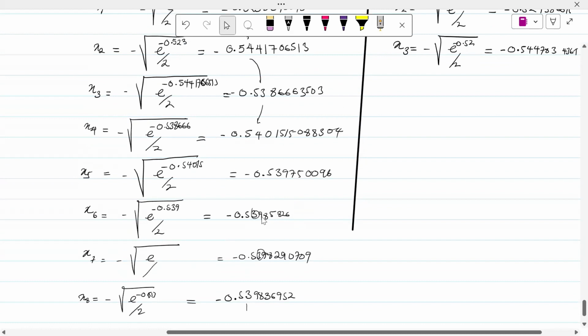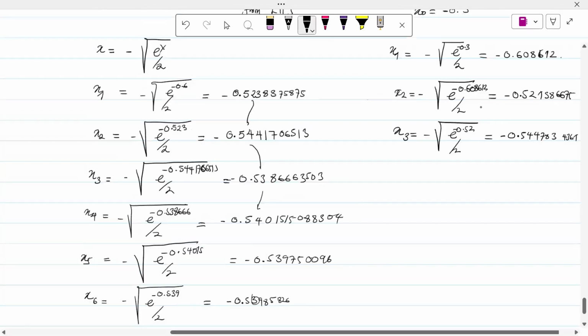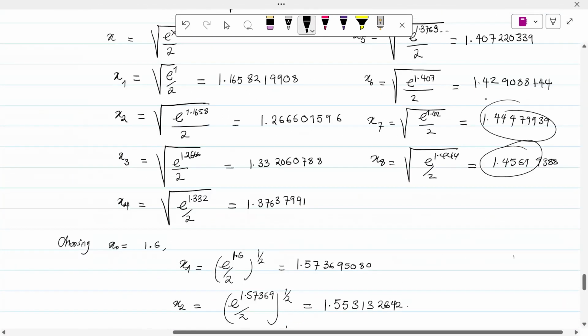We're not moving away from it, we're just approaching it, but we won't reach there. It's not possible for us to get exactly 0.5 because the curve doesn't pass through 0.5 itself. Even here, if you do the iterations from the first problem, you won't get exactly 1.5 at some point, because the curve doesn't pass through 1.5 exactly, as you saw.